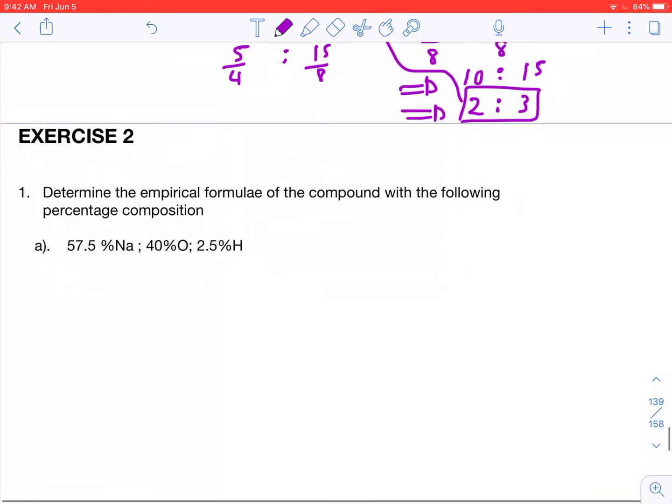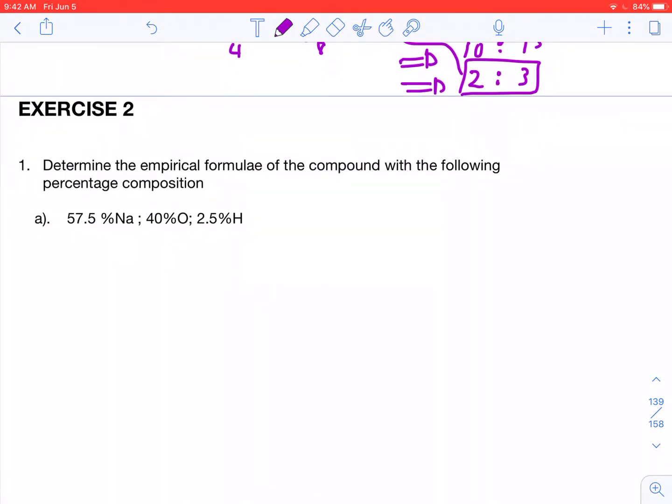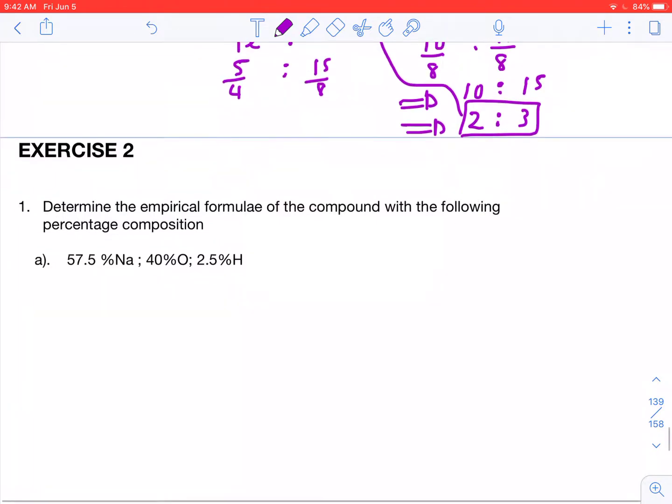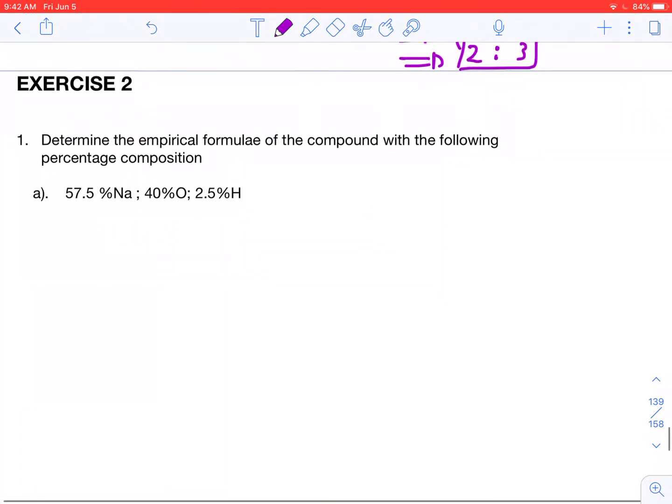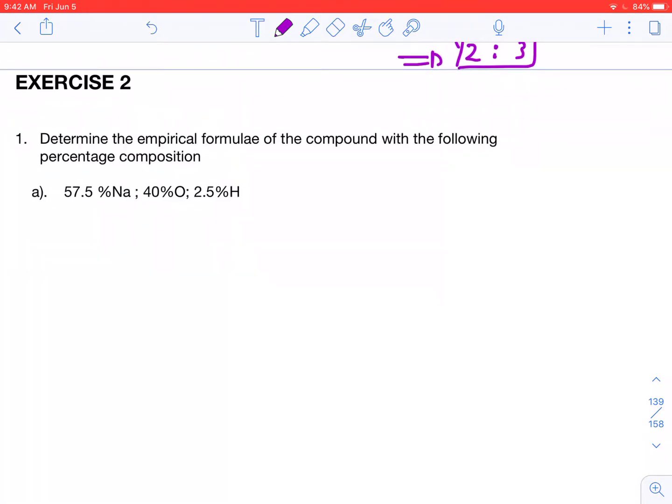Now, let's look at the next one. Here we have: determine the empirical formula of the compound with the following percentage composition.